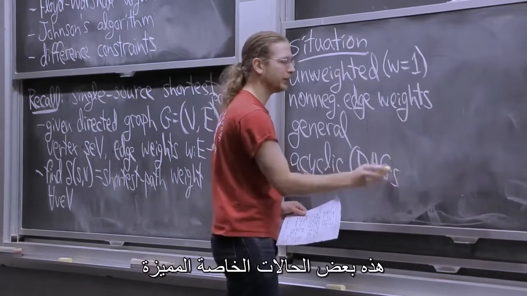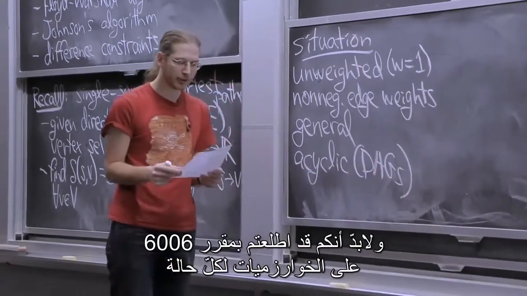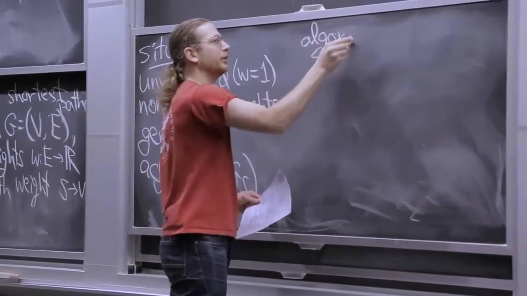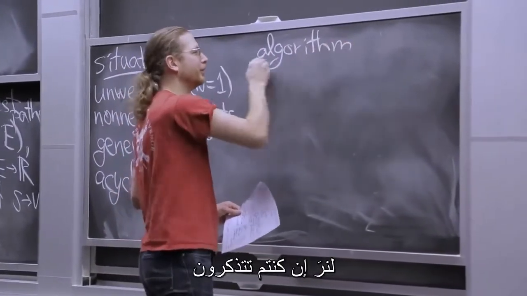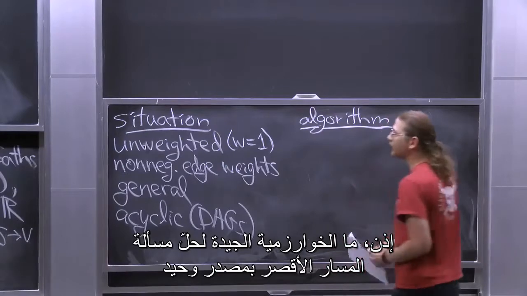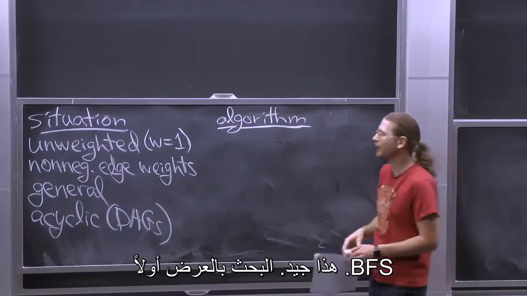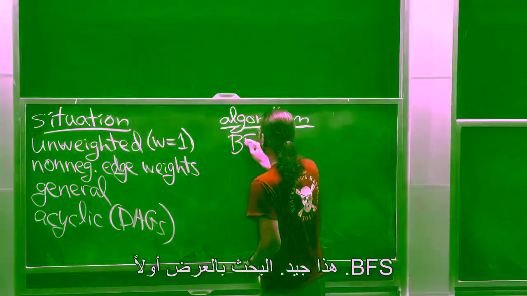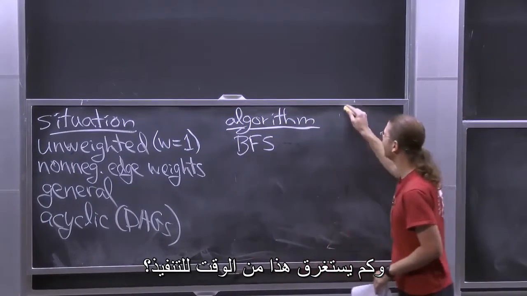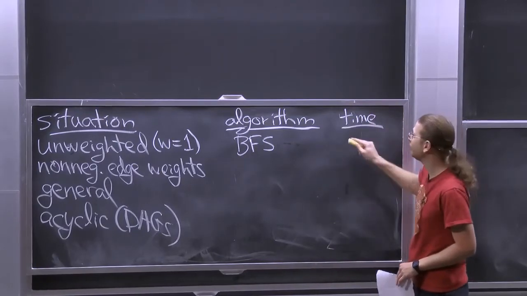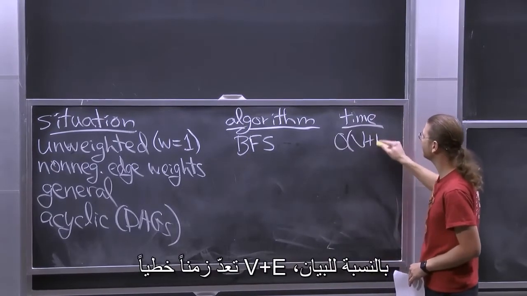These are some interesting special cases, and you should have seen algorithms for each of them in 6.006. Let's see if you remember. So what's a good algorithm for single source shortest paths in an unweighted graph? BFS. Good. Breadth first search. That takes how long? V plus E. Good.